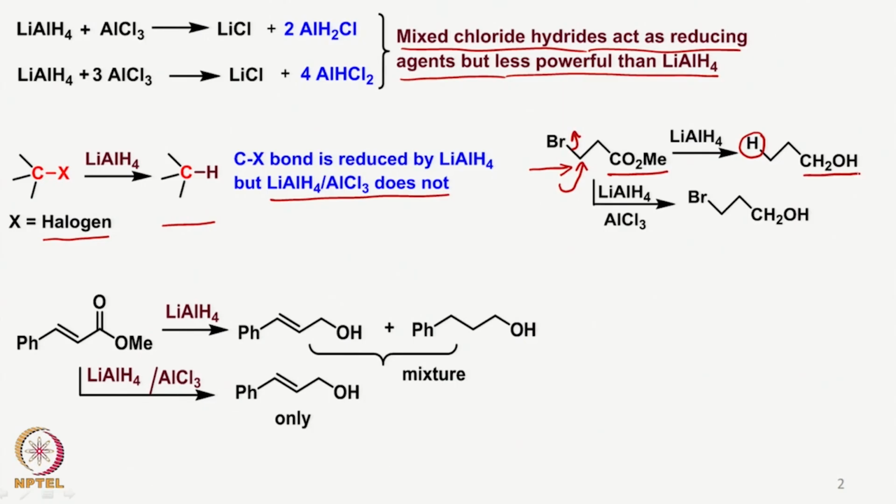But if we take lithium aluminum hydride in combination with aluminum chloride, then this modified mixed chloride hydride reducing agent only reduces the ester and does not touch the carbon bromine bond. So, there is a selectivity in terms of the reducing power of this combination of lithium aluminum hydride and aluminum chloride.